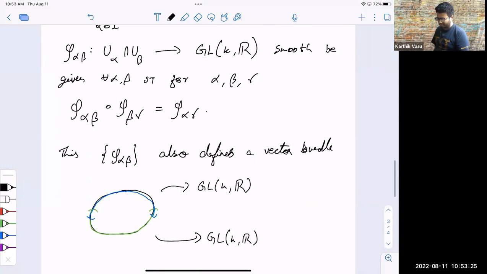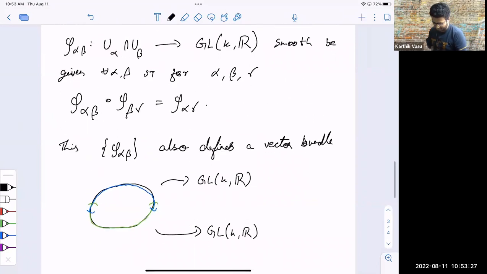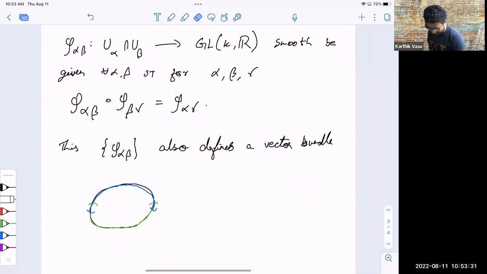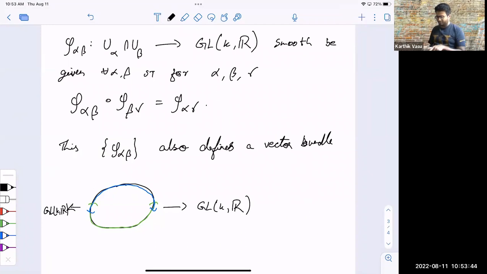You don't need to check anything else. You just need to give things on the intersection here. Only on the intersection you want to give a map into GL_K. So that's a single map, or you can say, because it's disconnected, there are two maps. So just giving this information will define a vector bundle over this.